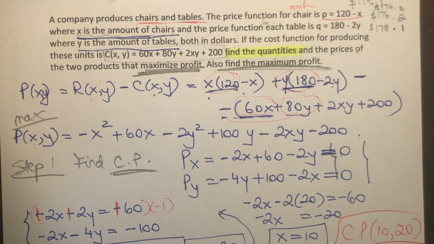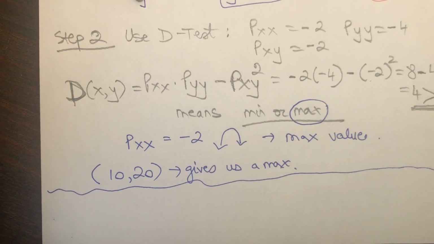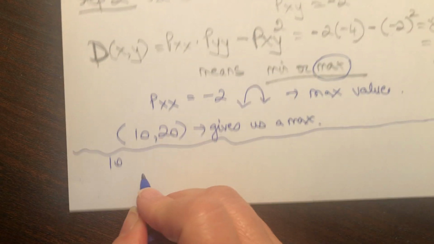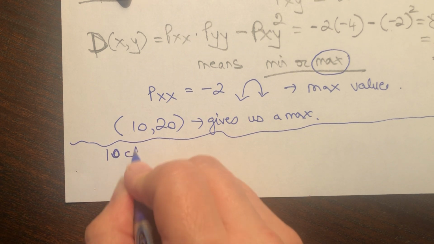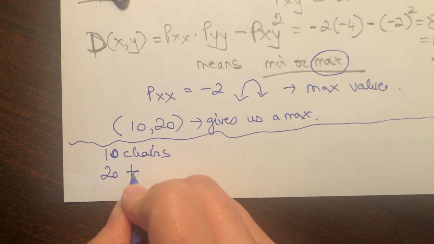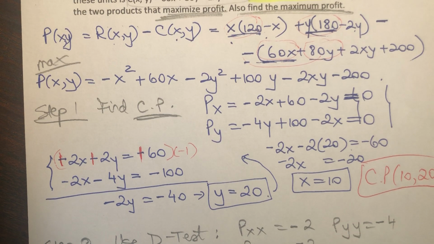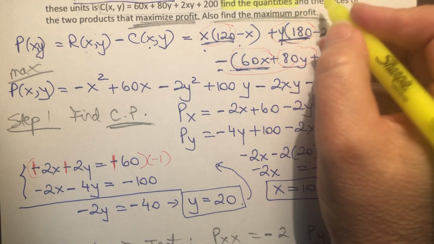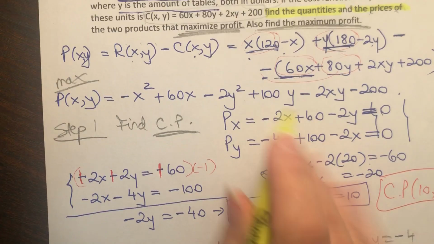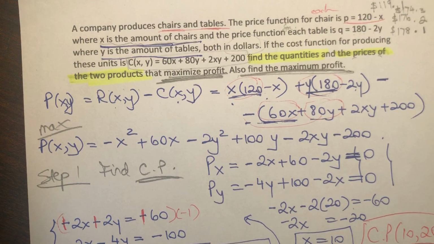Well, what are the quantities? The amount of chairs and the amount of tables. So we have 10 chairs and 20 tables. Yes. What's the next part? And the prices of the two products that will maximize the profit.